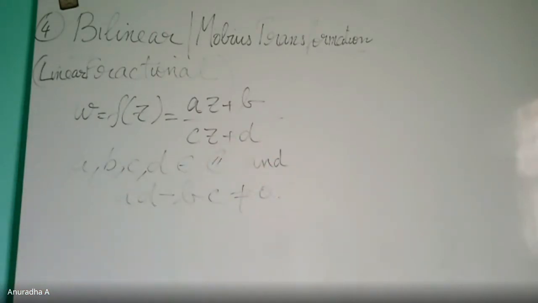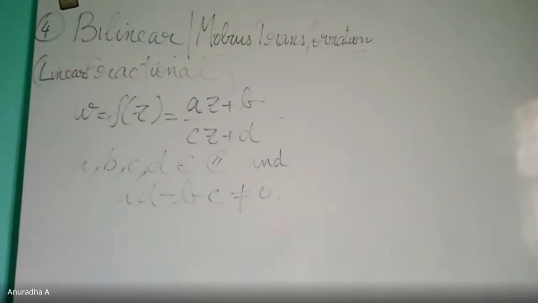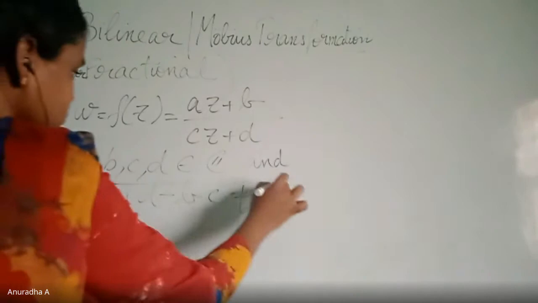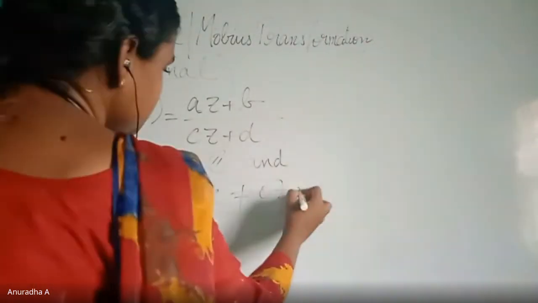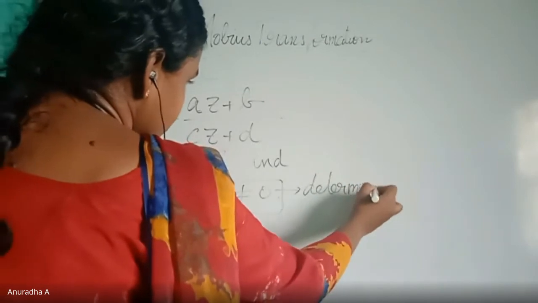So if such a transformation or a mapping exists, it is called bilinear mapping or bilinear transformation. For MCQ, this value is called the determinant of the transformation.